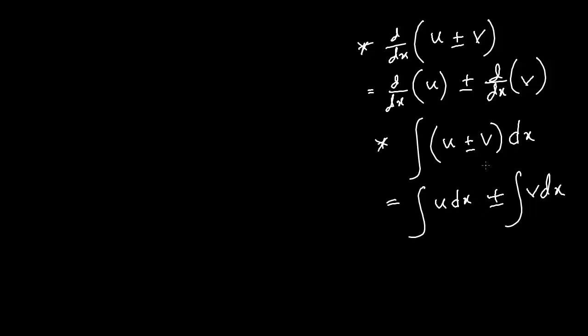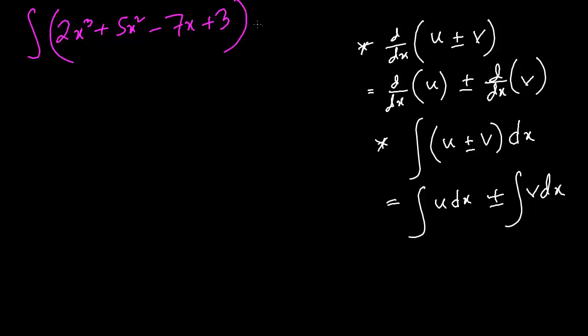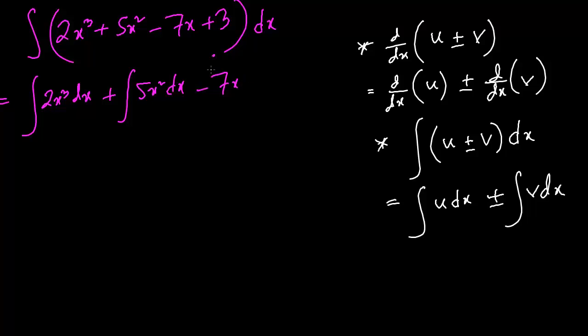So if we have to integrate 2x cubed plus 5x squared minus 7x plus 3 dx, this is the same as integration of 2x cubed dx plus integration of 5x squared dx minus integration of 7x dx plus integration of 3 dx.